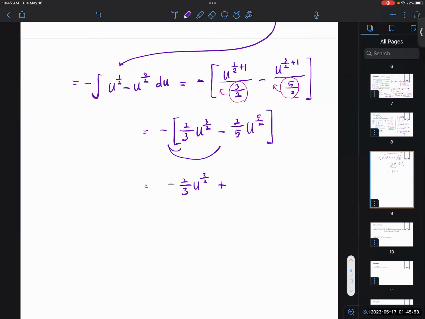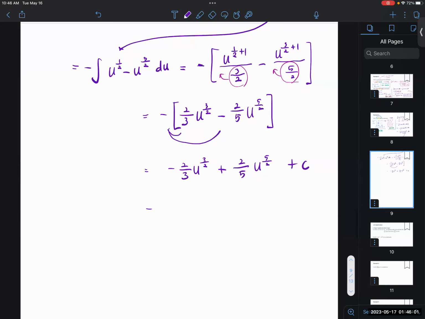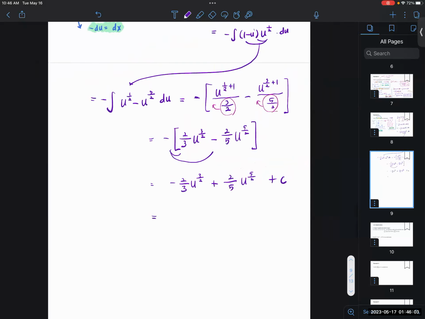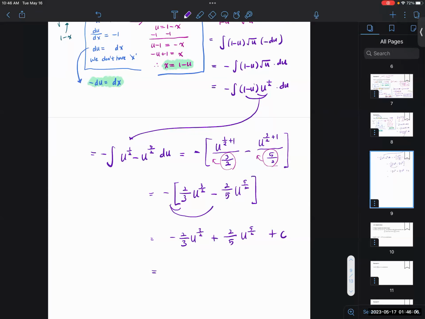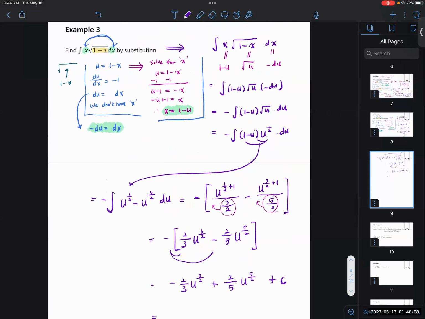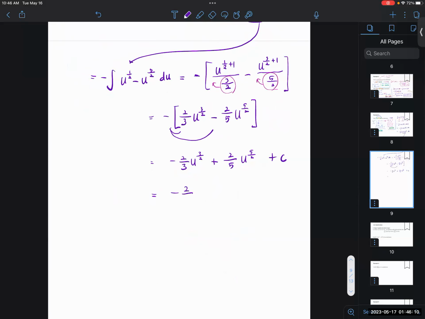Double negative changes to positive 2 over 5 u to the 5 over 2. So that's the answer in terms of the u variable, plus c. If you really want, you can go back to the x variable. What was my u? My u is 1 minus x. So minus 2 over 3, 1 minus x to the 3 over 2, plus 2 over 5, 1 minus x to the 5 over 2, plus c. That's your answer.